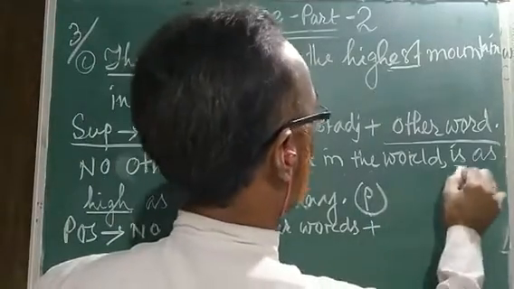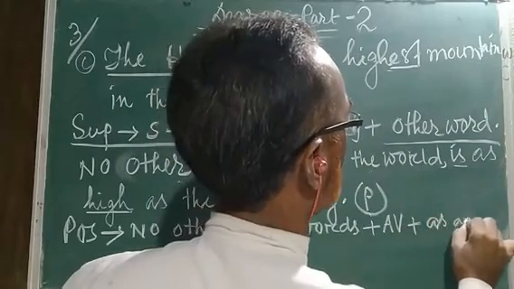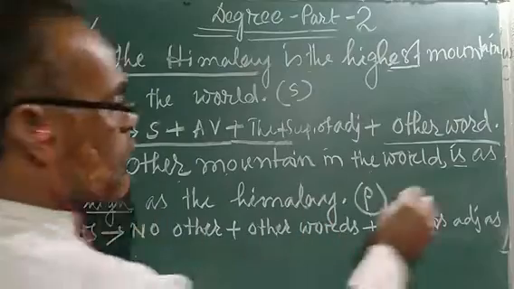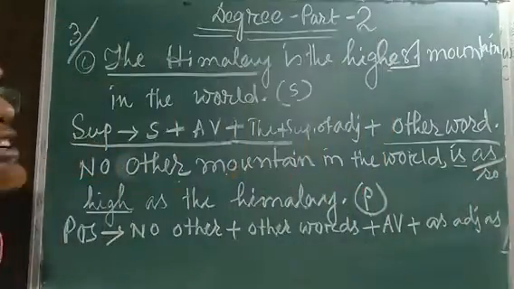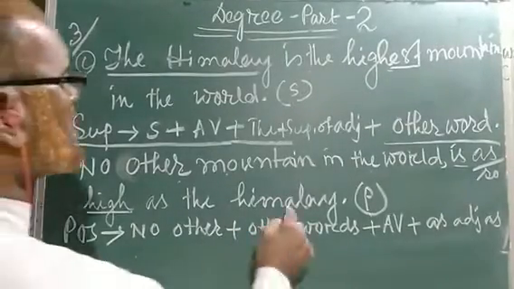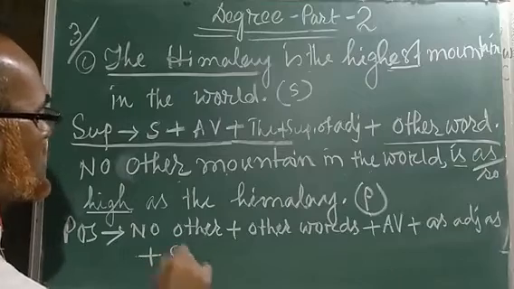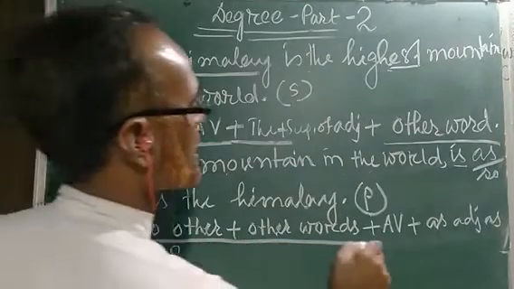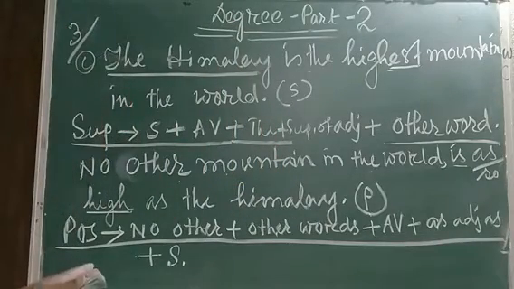After that, AV, auxiliary or helping verb, plus "as", adjective, "as", or we may use "so", adjective, "as", plus the Himalaya, the subject. It is the form of positive degree. In this form, a sentence from superlative we can transfer into positive.